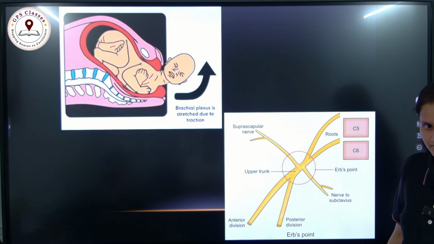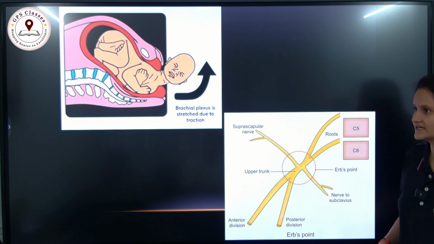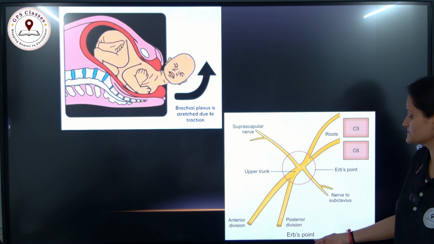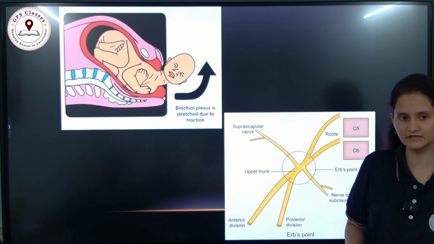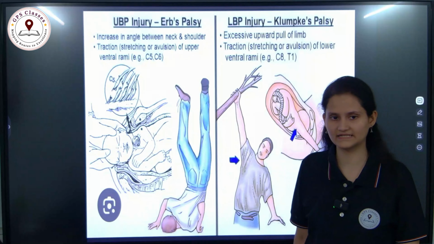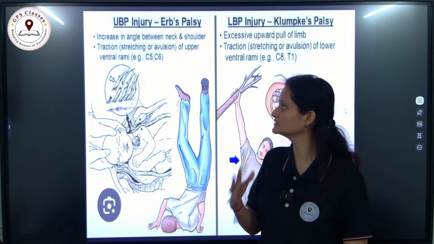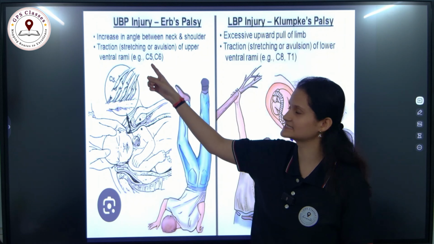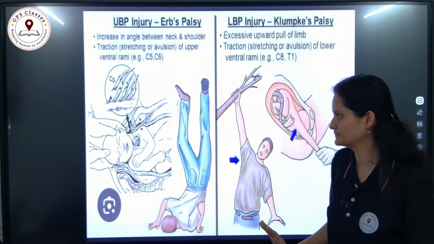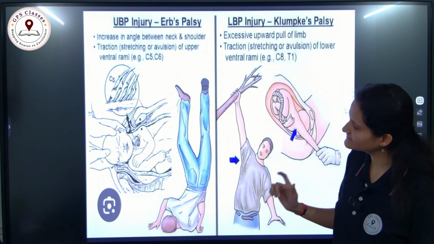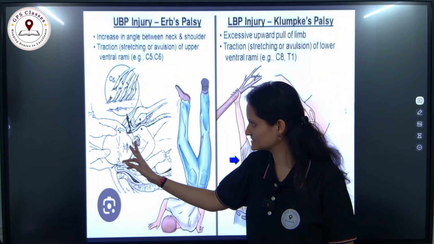Whenever there is injury to Erb's point, located on the upper trunk, there will be Erb's paralysis. As there is injury to the upper trunk, the nerve roots involved are C5 and C6.